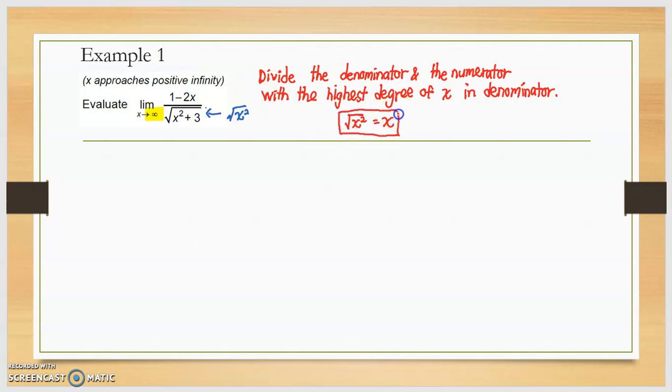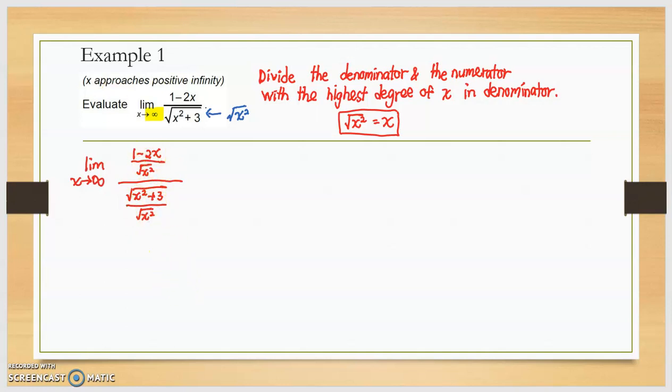So for the limit as x approaches infinity, I will divide the denominator and the numerator with the square root of x squared. Here it becomes 1 over 2x divided by the square root of x squared, and the same for the denominator, the square root of x squared plus 3 divided by the square root of x squared.